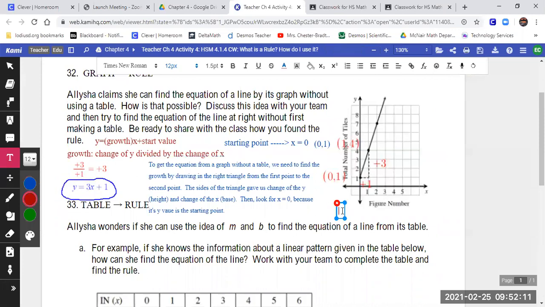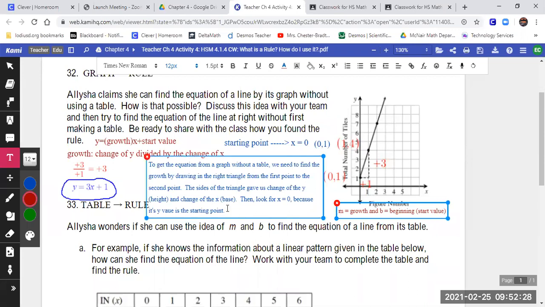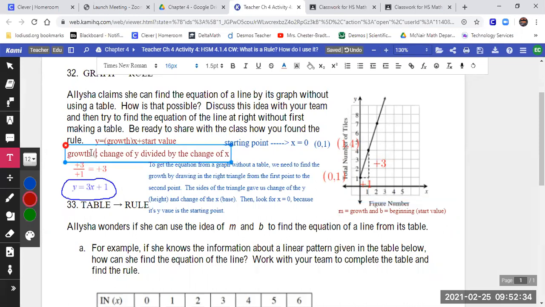When they say M and B, M equals growth, and B, like we learned yesterday, equals beginning, which is your start value. Okay, so we found M in the growth. We're going to add that in here now. Growth is now called M, and start point is now called B.